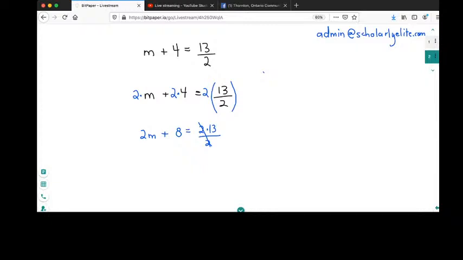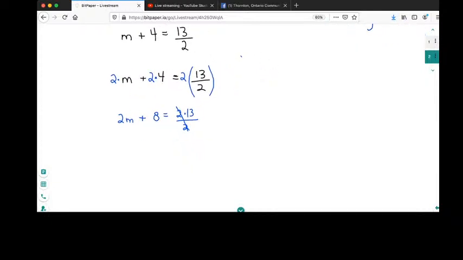So that was the whole purpose of what we just did. And now we're going to be left with 2m plus 8 equals 13. And then from there, we can just go ahead and solve algebraically, which is much easier now that we have no fractions. So I'm going to have this turn into 2m equals 13 minus 8.